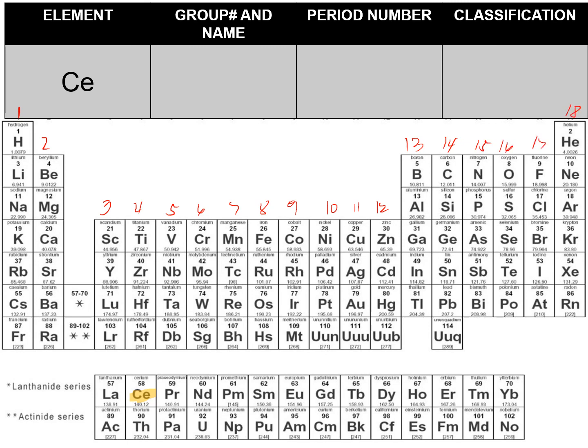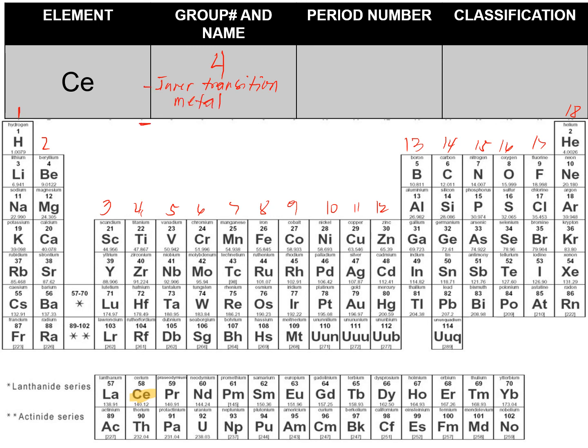Ayan, anong group niya? Group number, ito oh. Group number 4. So, anong special name ni group number 4? So, inner transition elements. So, ang tawag natin sa kanya ay inner transition elements.